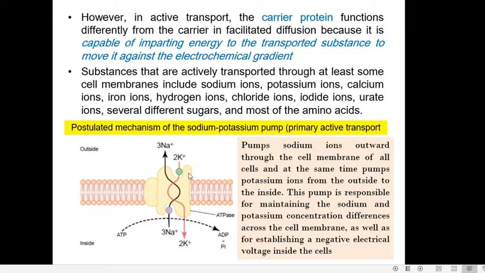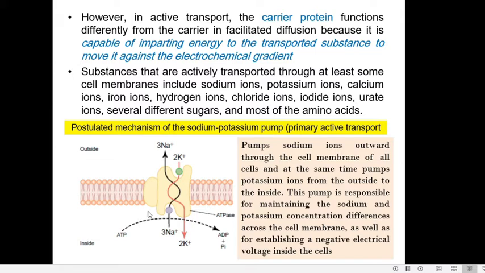So, this pump now creates a sodium potassium concentration difference along the cell membrane, and thereby a net negative charge is created on the inner side of the membrane and a net positive charge is created on the outer side of the membrane, since it is pumping 2 K plus ions in for every 3 Na plus ions pumped out, and so there will be a net positive charge on the outer side of the membrane and a net negative charge on the inner side of the membrane.